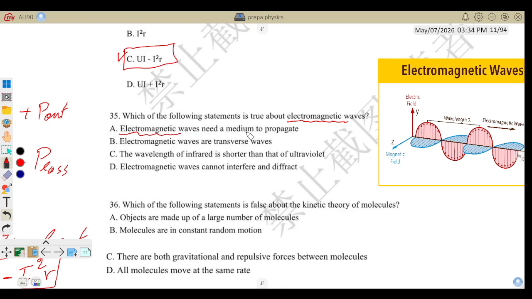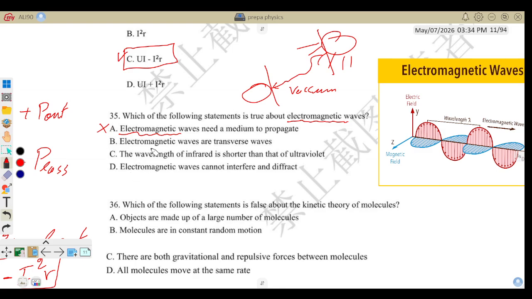Just like light coming from the sun, it propagates through the vacuum, through space, in order to reach the earth. Between the earth and the sun there is nothing, as light is an electromagnetic wave. So A is not the correct one.